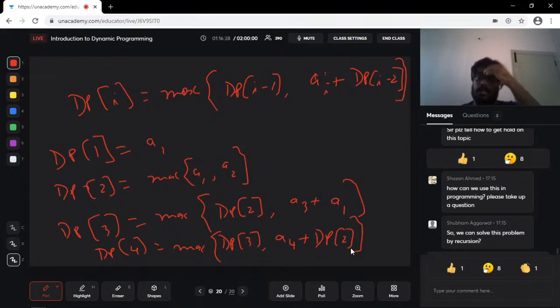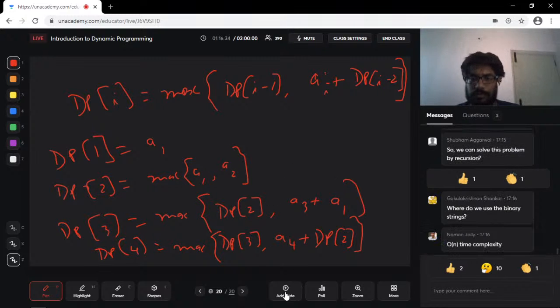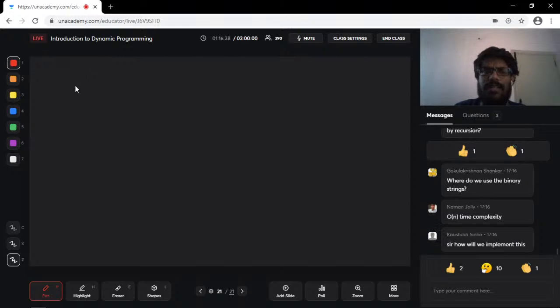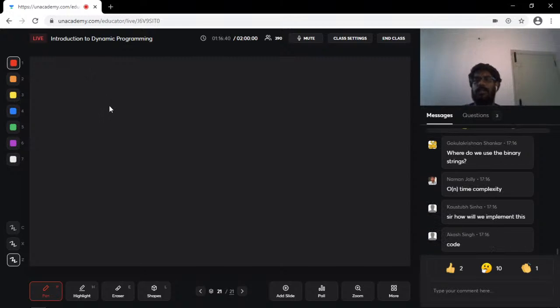So that's basically it for this problem. A code for this would be just first take input and then create an array of size n, or size n plus 1 if you want one-based indexing.